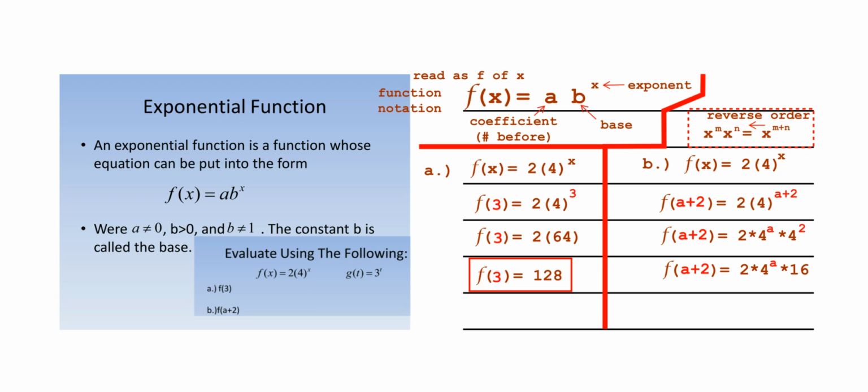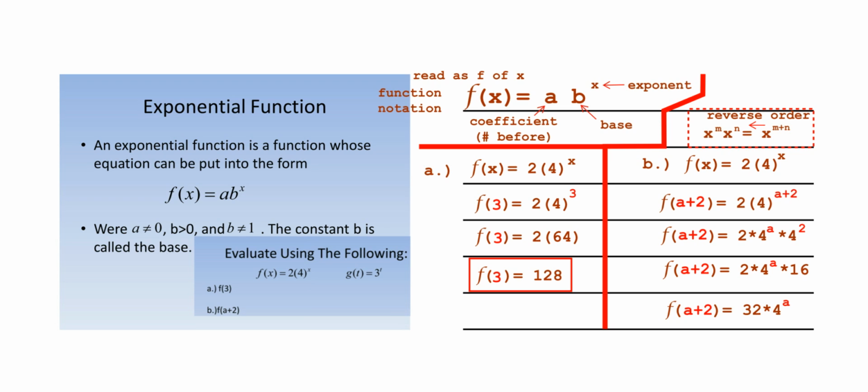And now we simplify the next step. Meaning I can't simplify 4 to the a. We don't know what a is. But we can multiply because it's pure multiplication. So we can multiply 2 times 16. Double of 16 gives us 32, right? Or 2 times 16 gives us 32. So f of a plus 2 equals 32 times 4 to the a still.